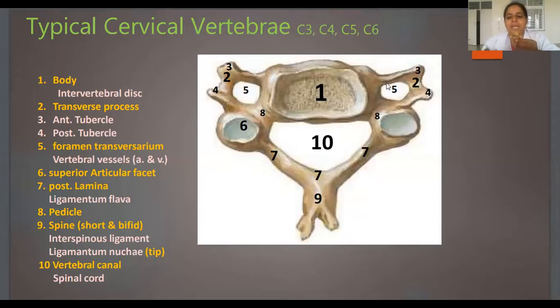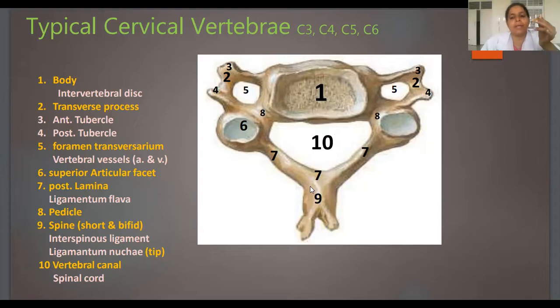Just anterior to it, we will have the anterior tubercle. Behind we have the posterior tubercle. This is the costo-transverse bar, isn't it? The one which I have shaded with chalk is the superior articular facet. The quite big hole is the vertebral foramen. These are the two laminae behind, right?